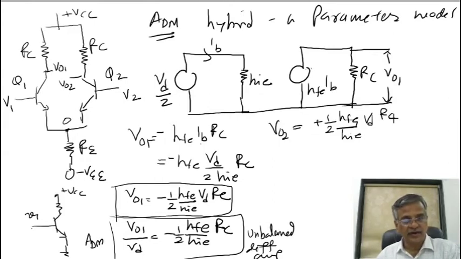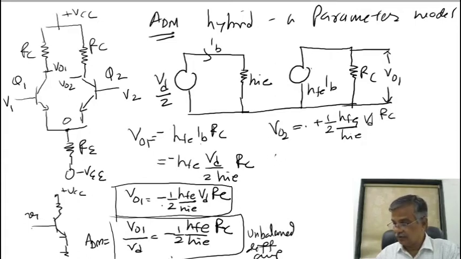This is the gain of the unbalanced differential amplifier. This is the output voltage of transistor 1, and this is the output voltage of the second transistor.